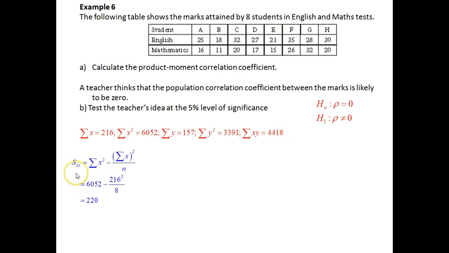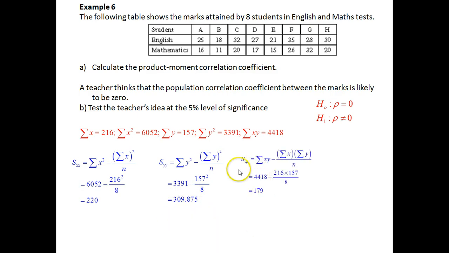Then we get our summary statistics. Sxx is the sum of the x squareds minus the sum of x all squared over 8, because we've got 8 of them. Work that out, and we've got 220 for Sxx. Syy is the sum of y squared minus the sum of y all squared over 8, which comes out to be 309.875.